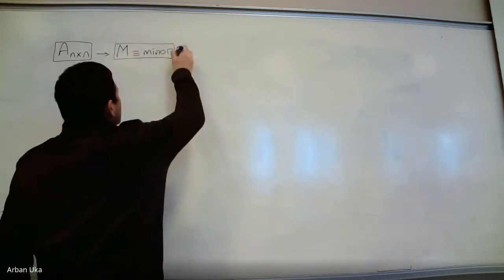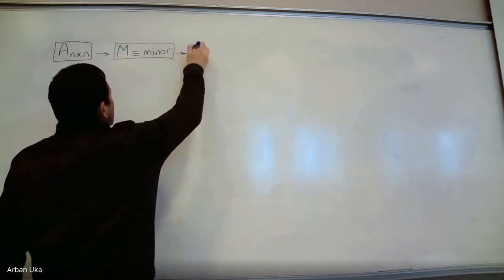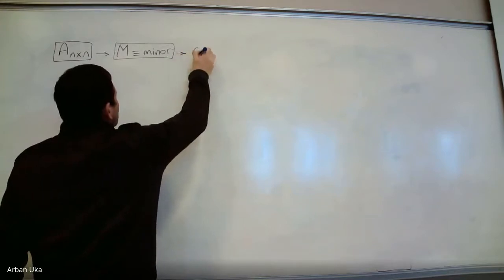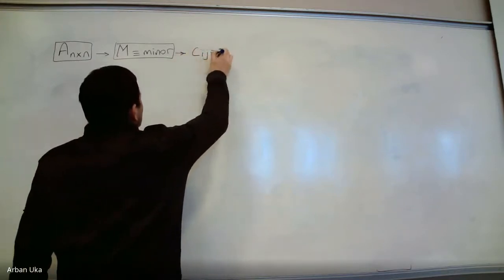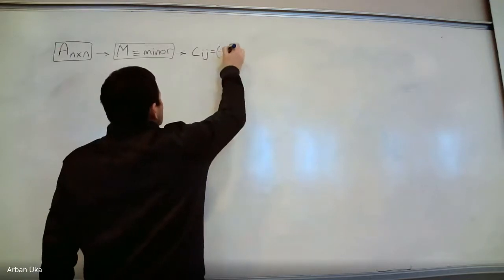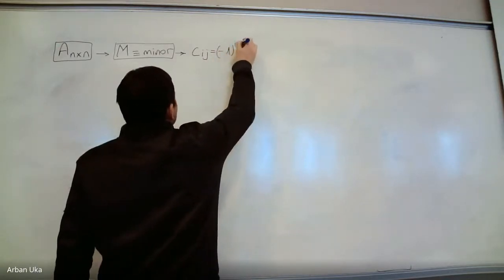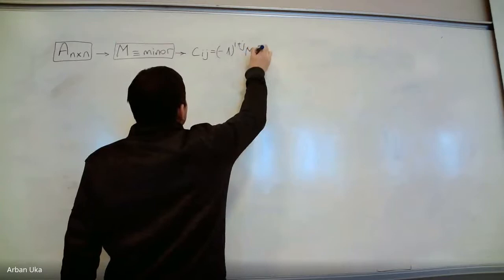And from the minor, we can define an element Cij, which is equal to -1 to the power i plus j times Mij.